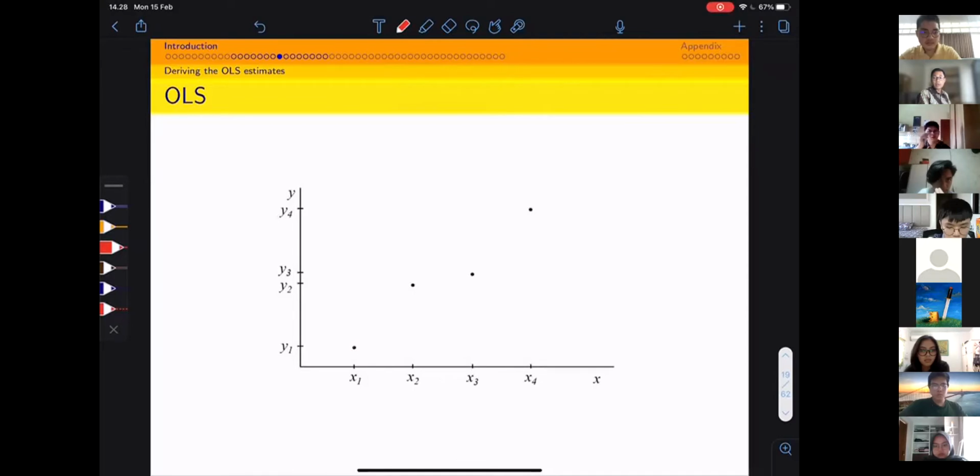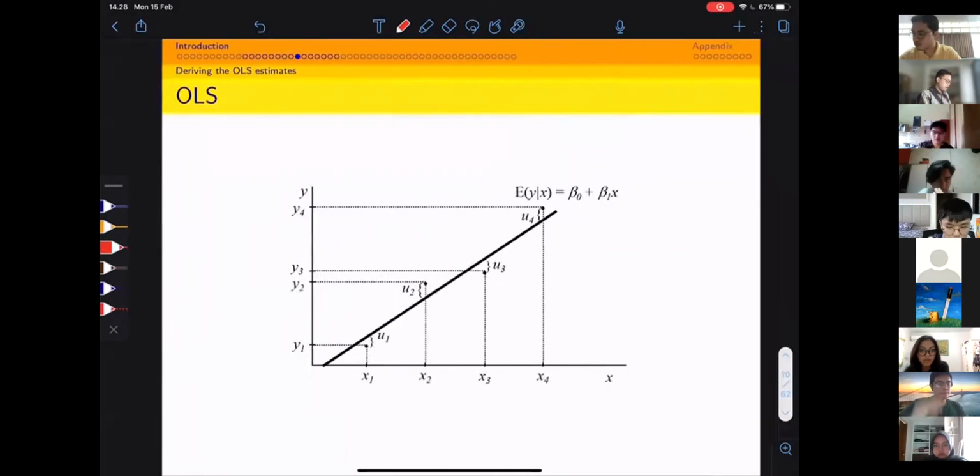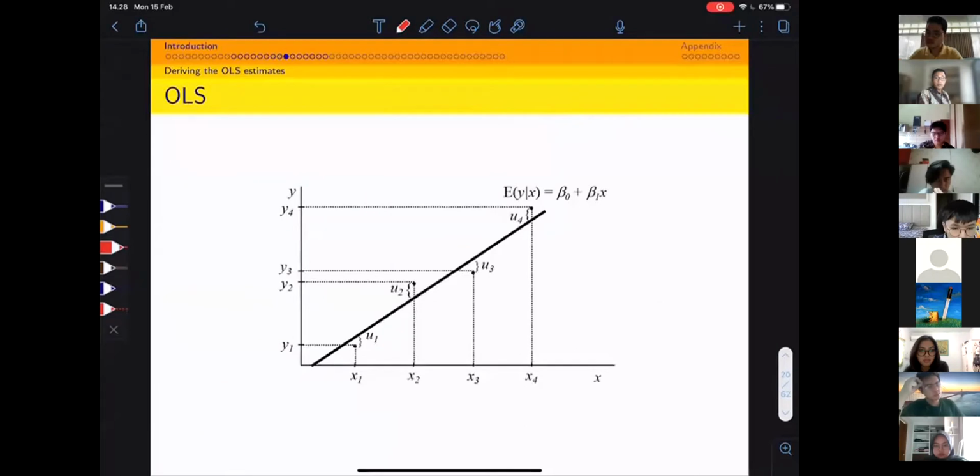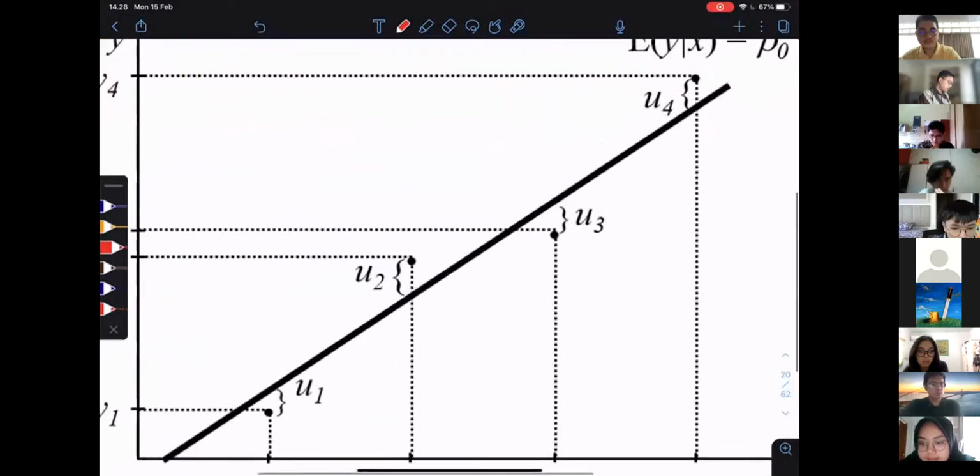This is something that we observed in the data. Okay. Now, again, once you get the data and try to estimate it, you'll get what's called the regression line. Okay. Now, for each dot here, for example, this is the true value of y. Okay. And this is what's called the predicted value of y given x.